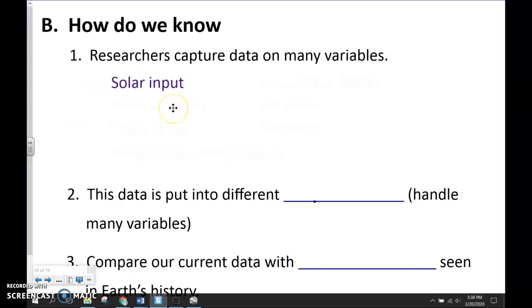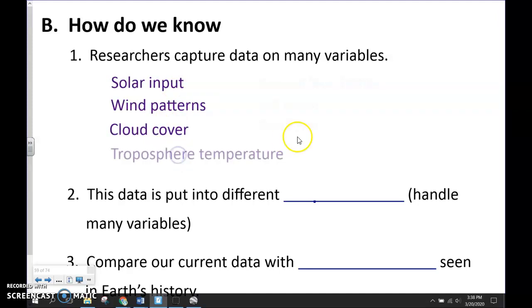So we are looking at solar input, wind patterns, cloud cover, the temperature. Well, that would be the Earth's temperature, right? But the troposphere, what's happening in this level of our atmosphere, sea surface temp. So we know oceans absorb heat. We just talked about that. How is it absorbing more heat? Is it not absorbing much heat?